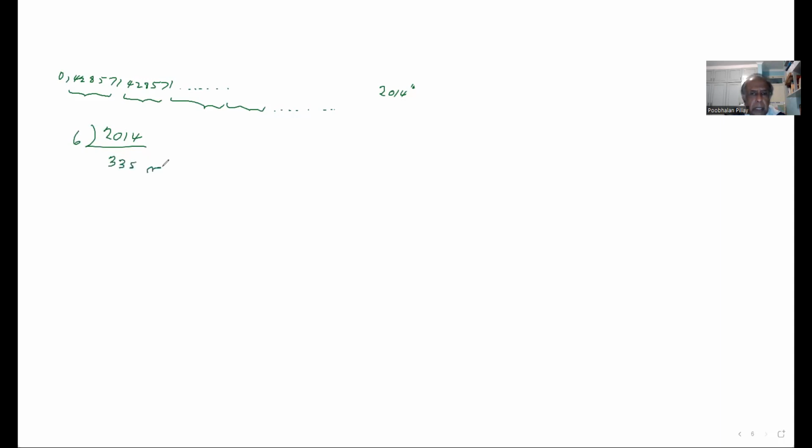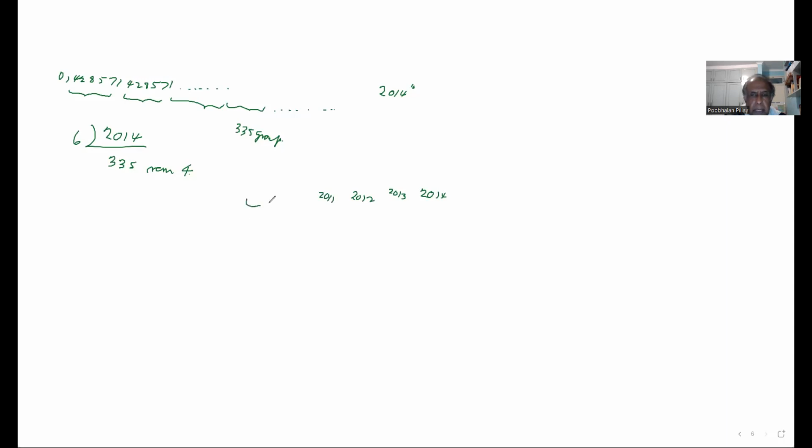And you can do that by hand. You get 335 remainder 4, which means that there are 335 groups, and there's a remainder of 4. In other words, you have 2014, 2013, 2012, 2011.